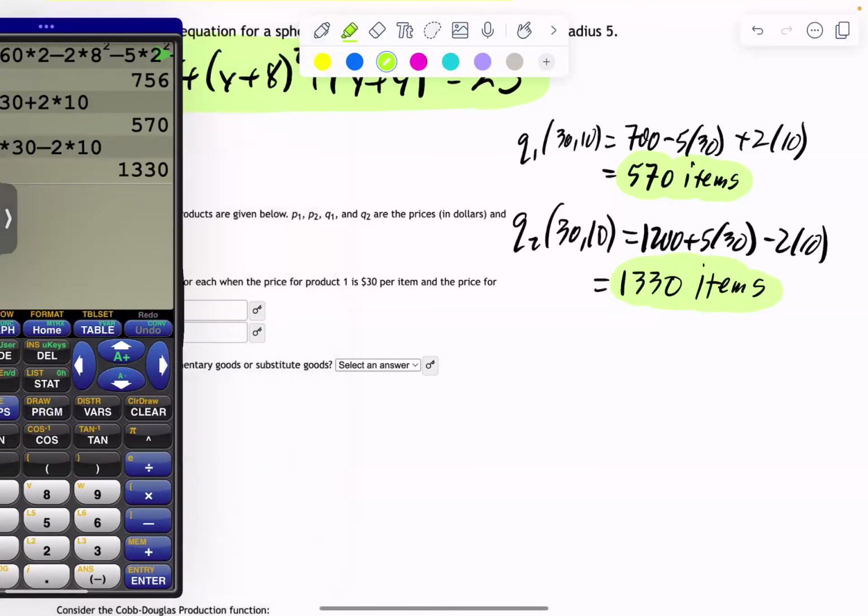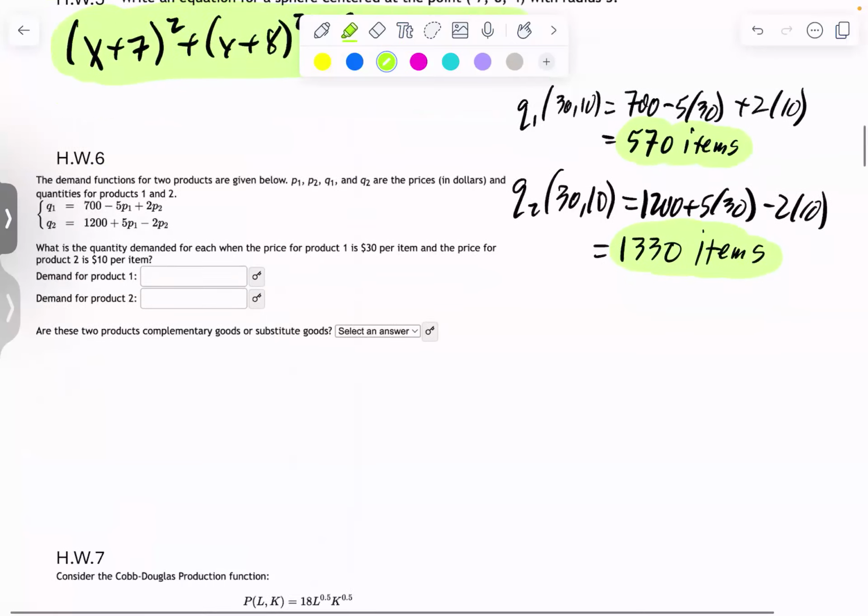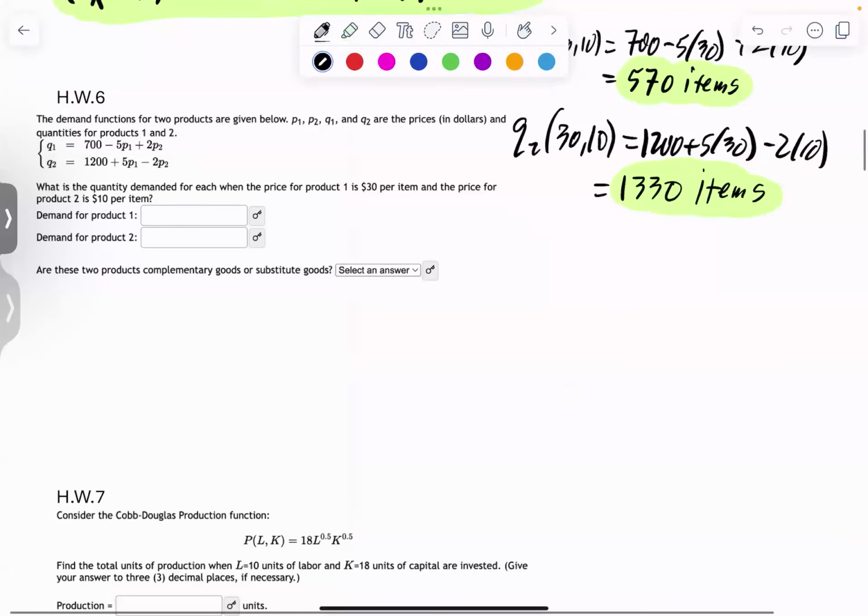All right, so the next part has a bit of an explanation. It says, are these 2 products complementary goods or substitute goods? So let's throw down a definition for these as we do this.